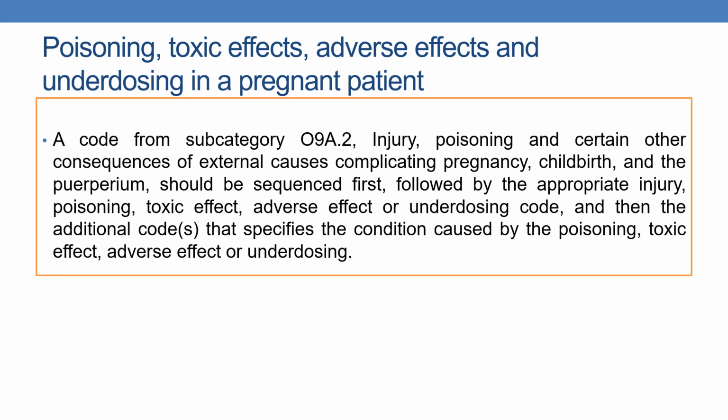A code from the subcategory O9A.2, injury, poisoning and certain other consequences of external causes complicating pregnancy, childbirth and puerperium, should be sequenced first, followed by the appropriate injury, poisoning, toxic effect, adverse effect or underdosing code. And then the additional code that specifies the condition caused by poisoning, toxic effects, adverse effects or underdosing.